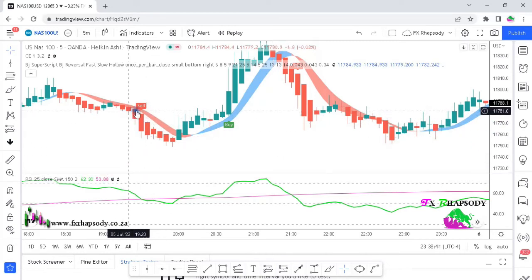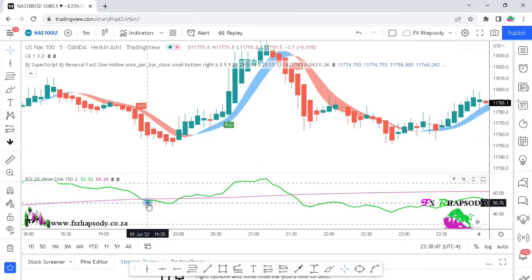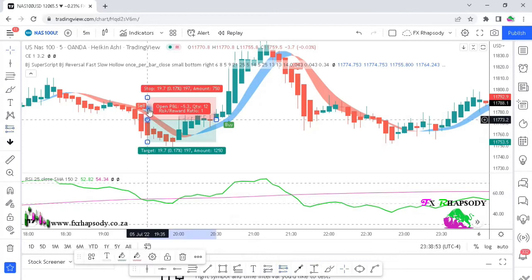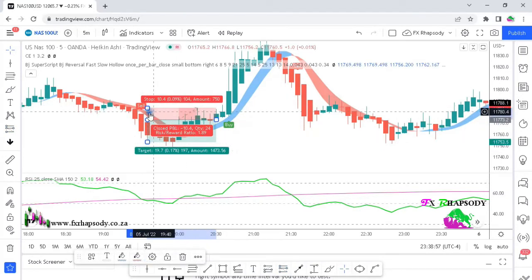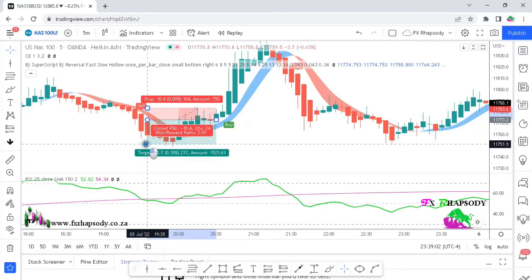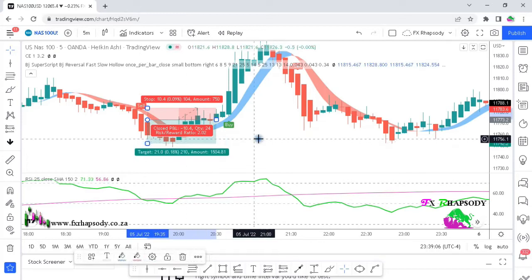Over here, a sell signal appears. It is below the red band. The RSI line, or the green line, is below the pink. So we sell off. Okay. Stop loss just above that band. My reward here, again, like I said, I prefer my risk to reward to be 1-to-2.